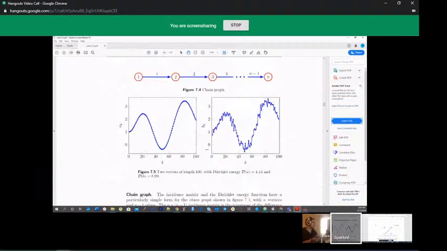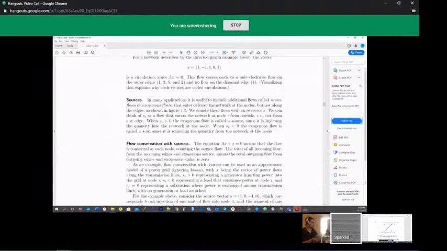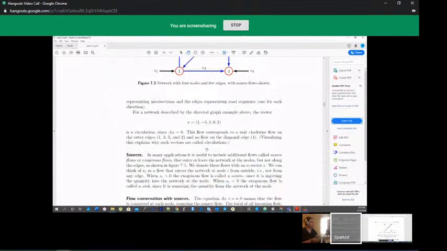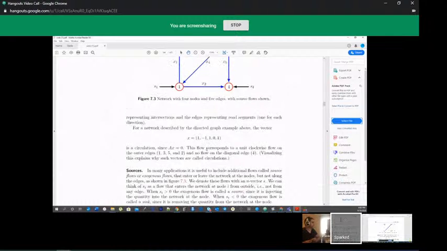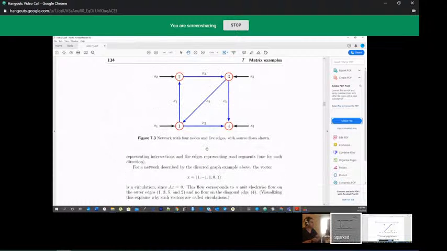This flow conservation thing makes sense, because if you kept X2 as a 1, you wouldn't have that flow conservation, and you'd sort of be stuck, hitting 4 and stopping, hitting 4 and stopping. 4's inflow would not be the same as its outflow, because it goes around in a circle.